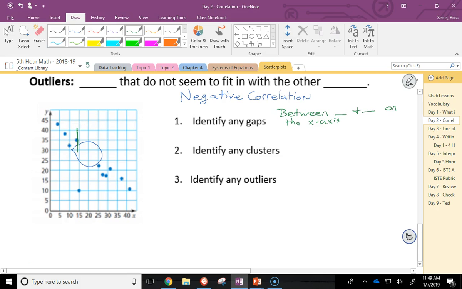Roughly about 14, 15. If we want to say 14 or 15, it's going to be okay. I'm going to write 15 just because that's one that's actually on there. So that gap started at 15. Where did that gap end on the x-axis?